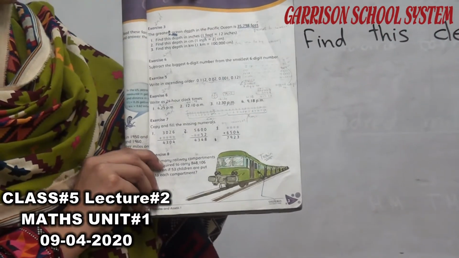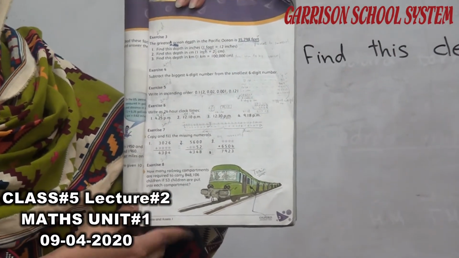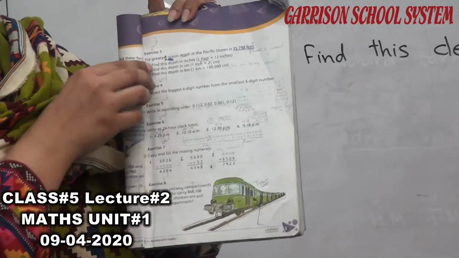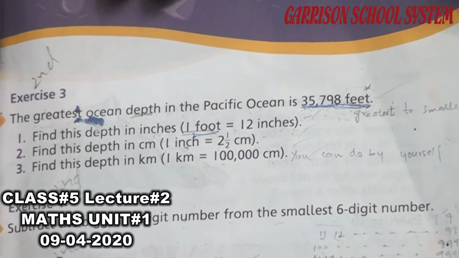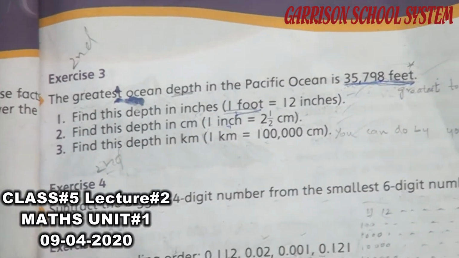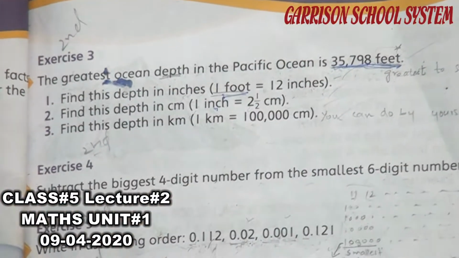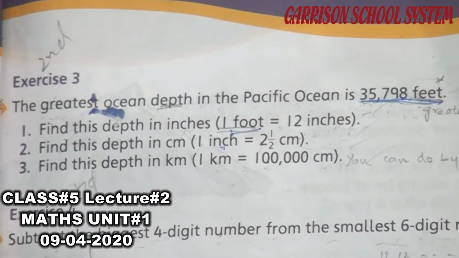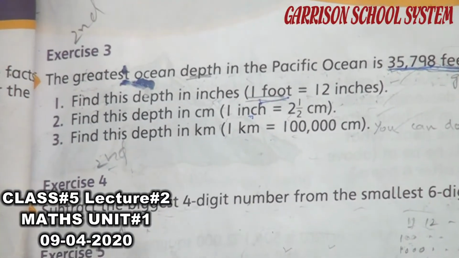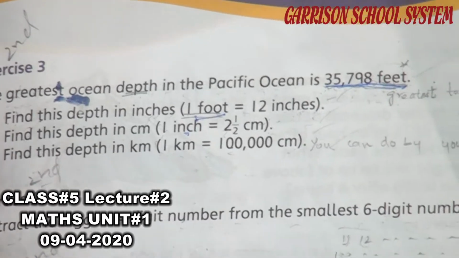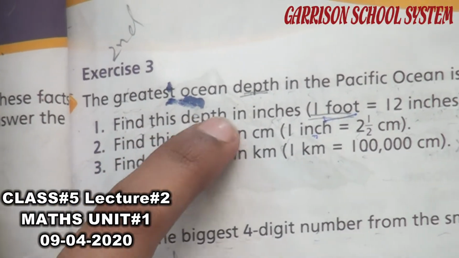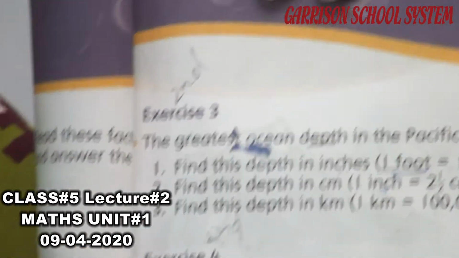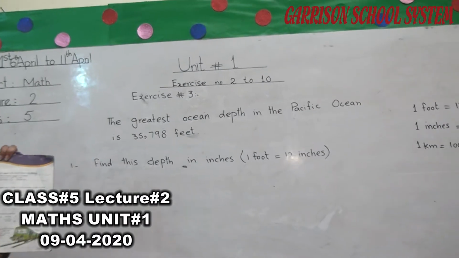Students, this is exercise number 3 of unit number 1. Have you seen? The question written here: the greatest ocean depth in the Pacific Ocean is 35,798 feet. So what can we do? We will find this depth in inches, so we will convert the feet into inches. So let's start.